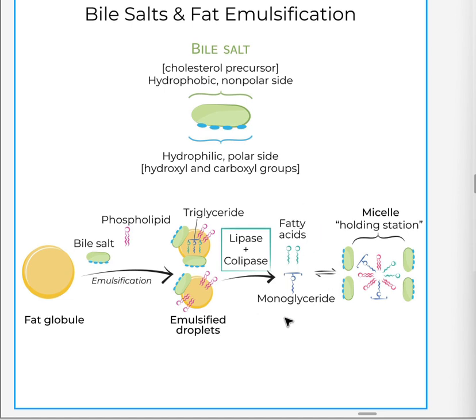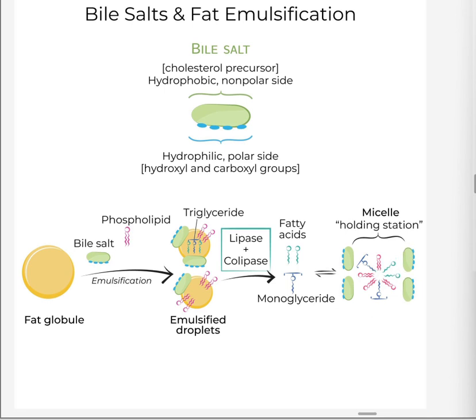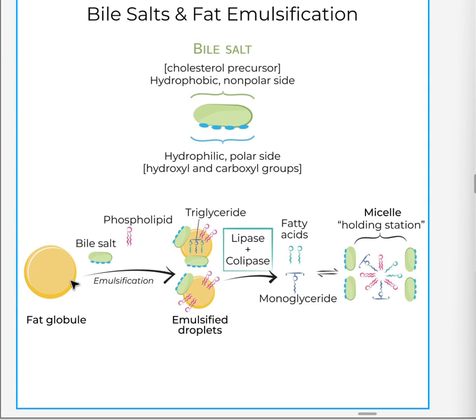Now, if you don't have bile, there's poor emulsification. And whenever you have poor emulsification, such as with gallstones or bile duct obstruction, this leads to fat malabsorption, which we call steatorrhea.